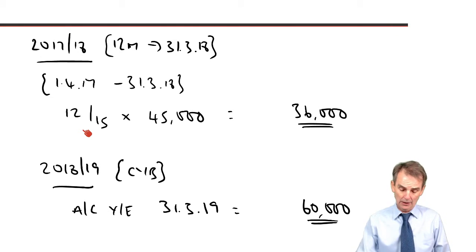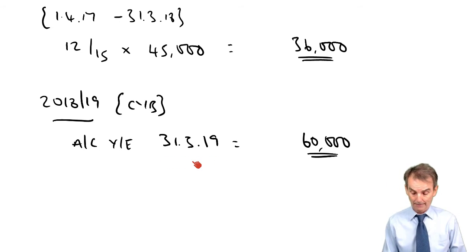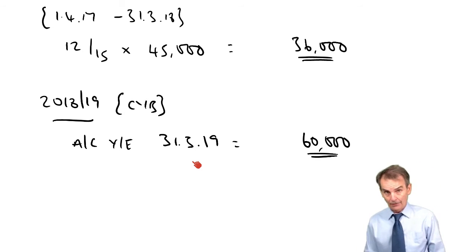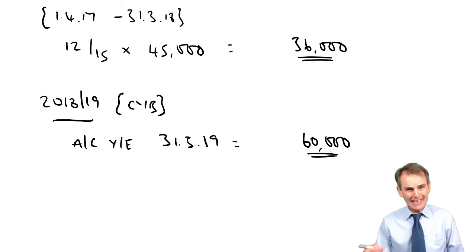So first 3, last 12 of the 15-month period, no overlap there. And then, of course, we've moved on to 18/19, where we've got a totally unique basis of the year ended 31st of March 19. So, if you choose the 31st of March as your accounting date, the outcome is that there will be no overlaps.